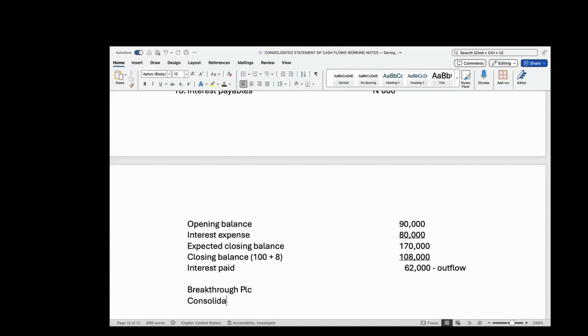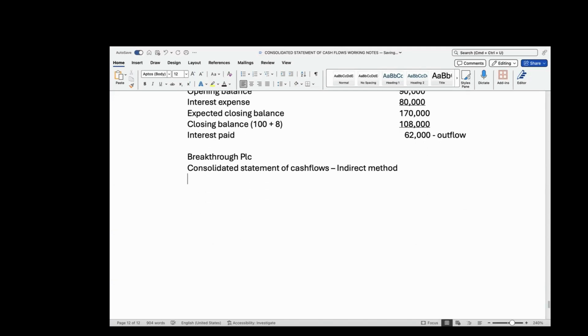Consolidated statement of cash flows using indirect method. For the year ended 31st December 2022.